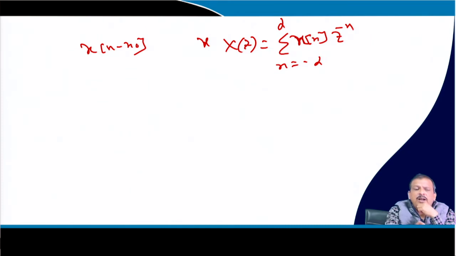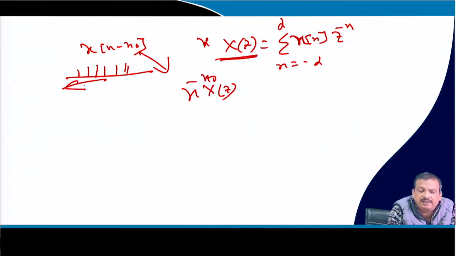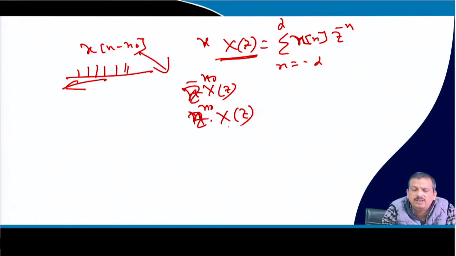Putting it into the equation, I can prove that if I shift to this side, n0 is positive, and the result will be z to the power minus n0 into X(z). If n0 is negative, on this side, it will be z to the power plus n0 into X(z).